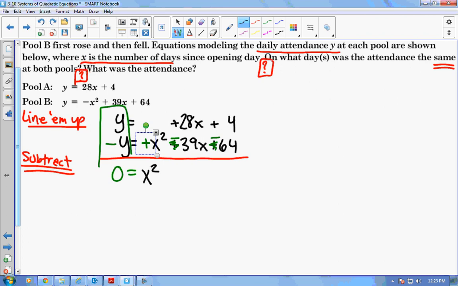Good. 28 x's minus 39 x's. Oh, you're really close. It's not negative 10. It's negative 11x. And it's not x squared, it's just x. And 4 minus 64, which is the same thing as negative 64 plus 4. Brianna? Negative 60. And we're trying to find when does x equal 0.